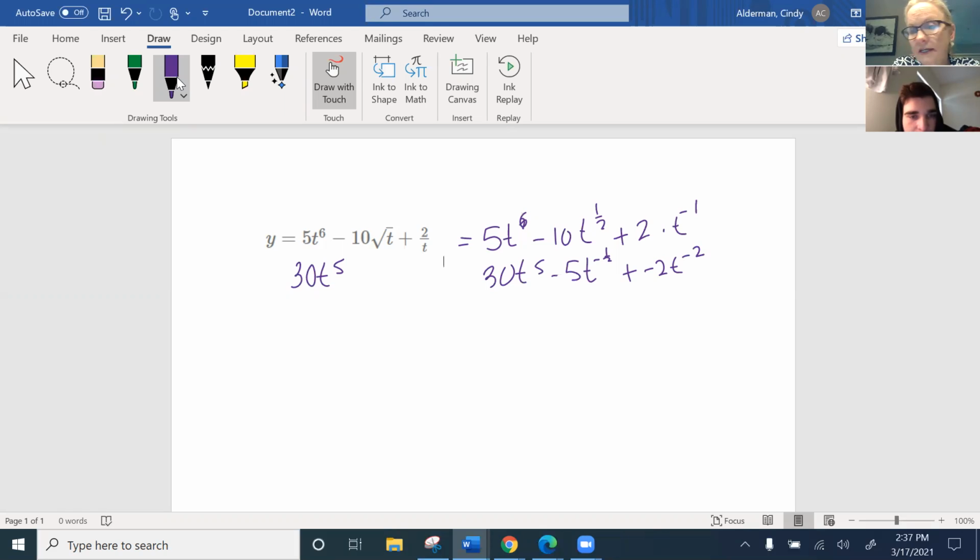And then you've got to get rid of all the negative exponents, right? So this stays the same. T to the 1/2 comes to the bottom, and that's the same thing as square root of t. This would be minus 2 over t squared.